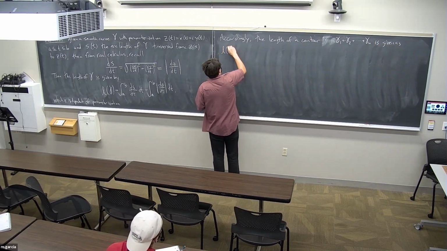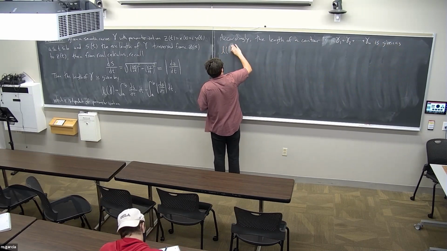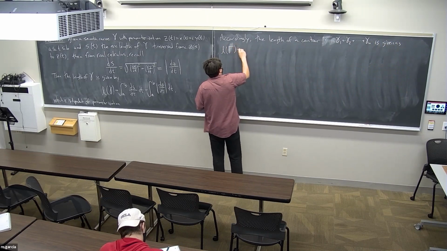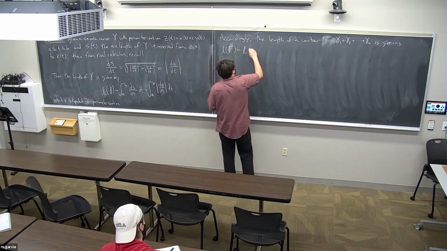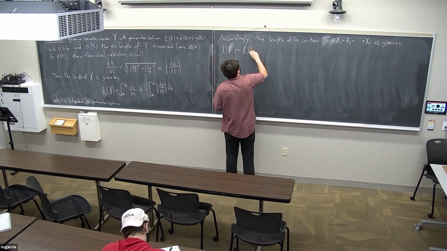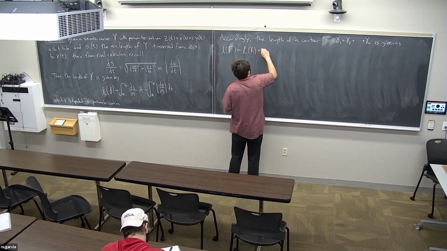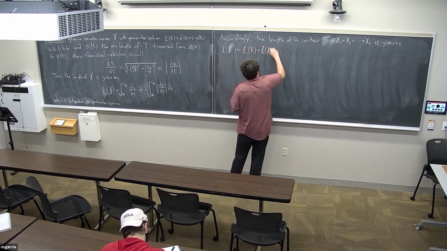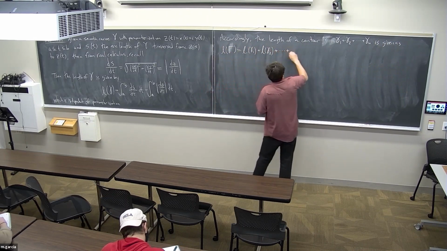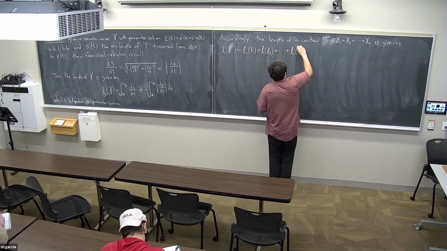L of capital gamma, not F, sorry, capital gamma is equal to the length of the smooth curve gamma 1 plus the length of the smooth curve gamma 2 all the way up through the length of the smooth curve gamma n.